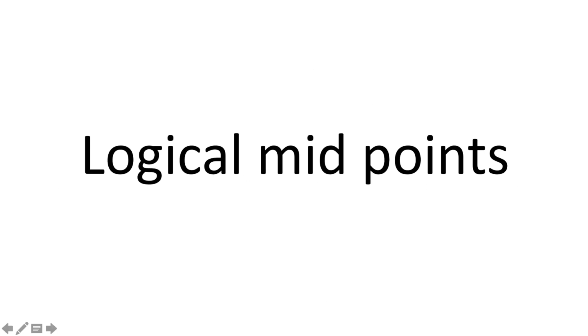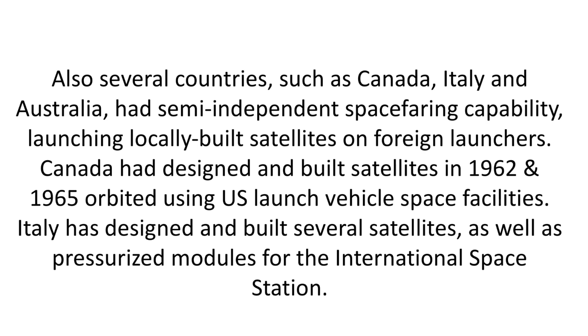And the last place where you can pause is at logical midpoints. Sometimes you will notice that in certain sentences, they're quite long. They will not have any conjunctions. They will not have any commas, full stops. For example, this sentence. So I've slightly modified it to illustrate what we mean.